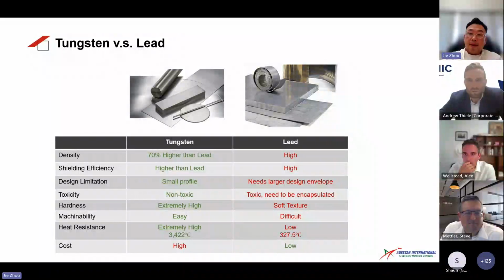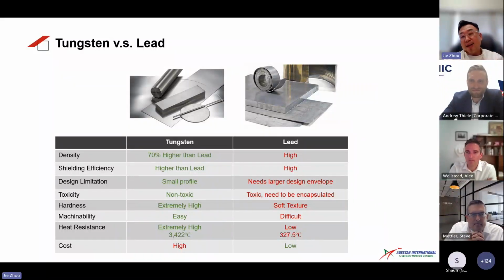And lastly, tungsten can resist extreme high temperature, but lead cannot. The only disadvantage of tungsten is that it is very costly. It's about 20 times the cost of lead for raw materials.